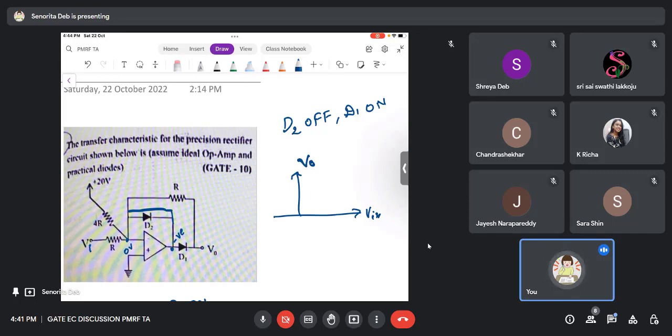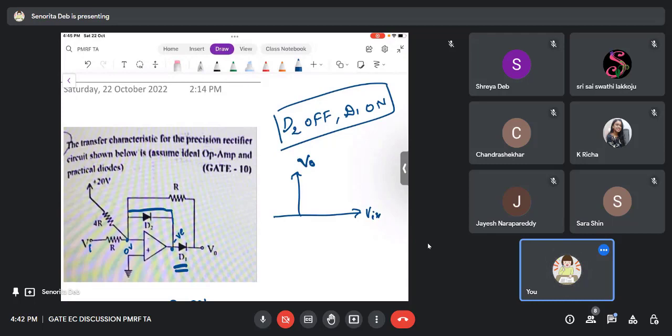That means both of them cannot be on at the same time, right? So one is off, one is on. Now if D1 is off, D1 I'm talking about this one, the question ends there itself, because now V0 is 0 because there is no current coming out from the op-amp. Therefore, I'll start from solving D2 off and D1 on.